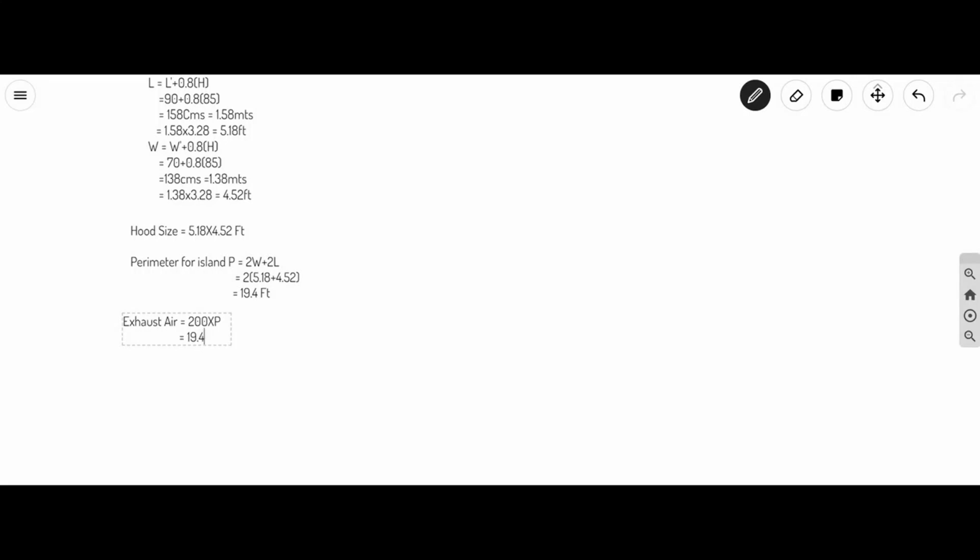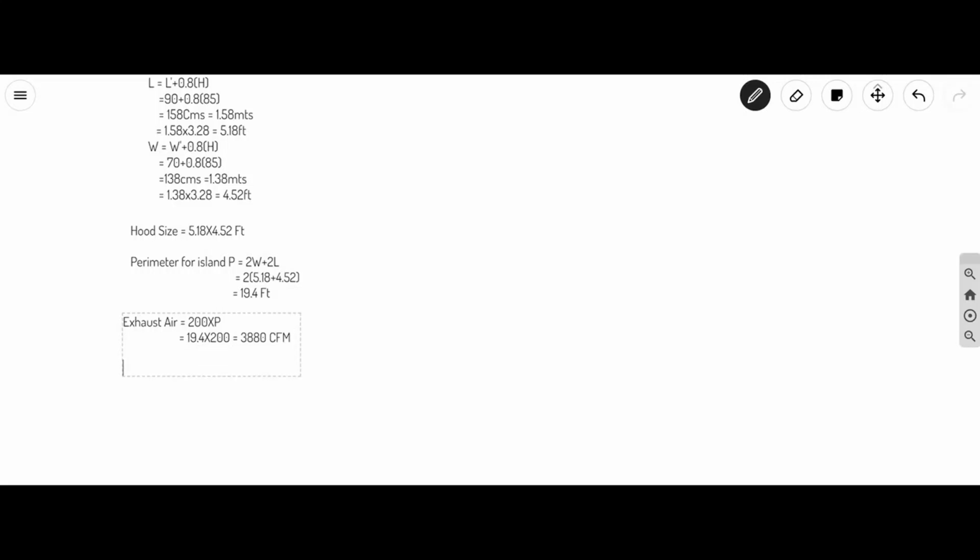How much will you get here? 3880 CFM. So you need to exhaust this much CFM.